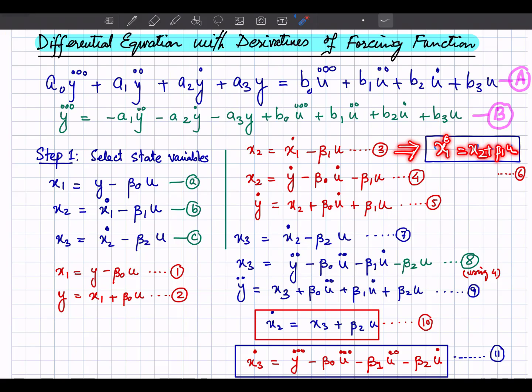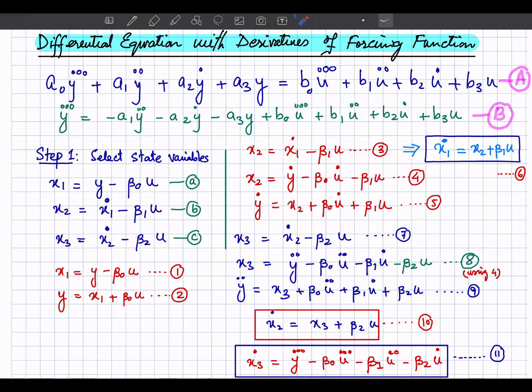So what is this? This is the first order differential equation based upon our selected state variables, right? So this is one of the first order equations which will be defining this third order differential equation.